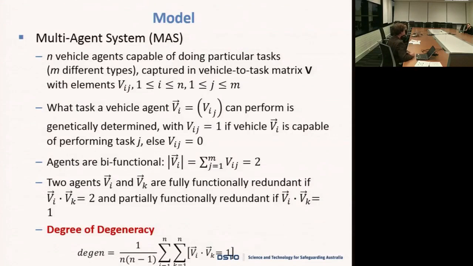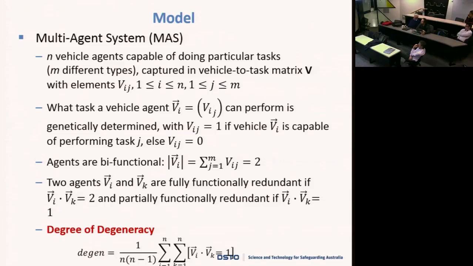If it's 0 or 2, it contributes 0 to the sum, and therefore you get a value between 0 and 100% as your degree of degeneracy. That means it's an operator. And so if everything is fully functionally redundant, your degree of degeneracy is equal to 0.